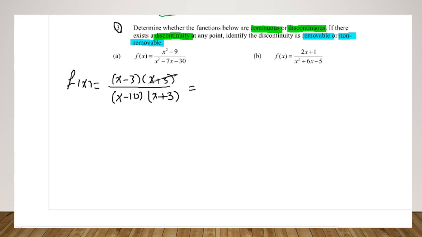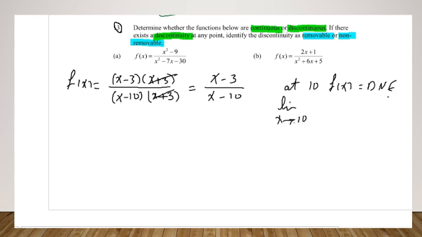By cancelling x plus 3, the function is x minus 3 over x minus 10. So it's clear for us that at 10, f of x does not exist. What about the limit as x approaches 10 for this function, for example from the left side or from the right side?